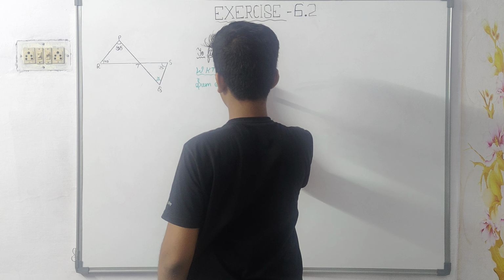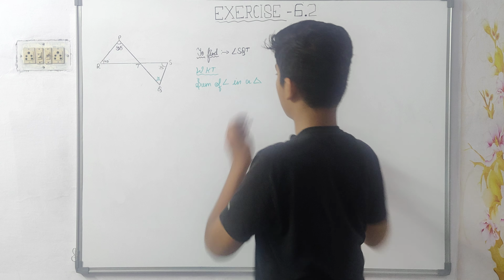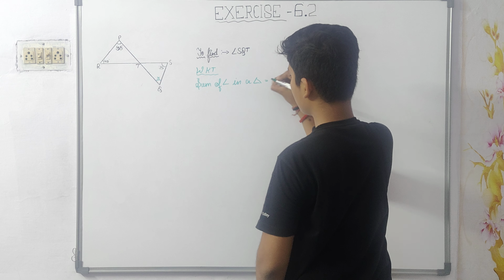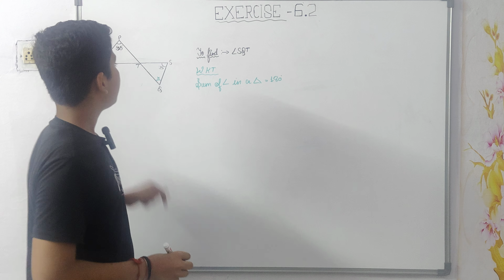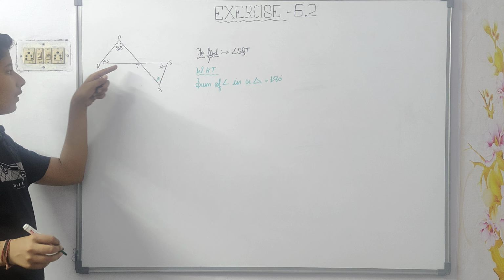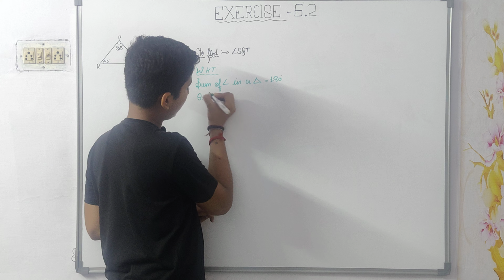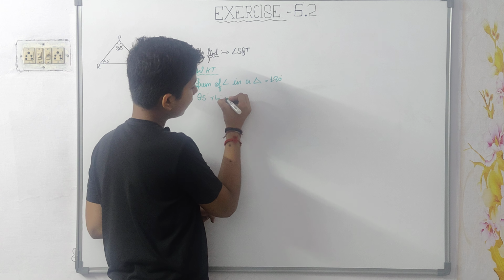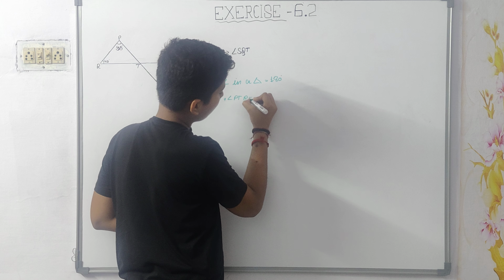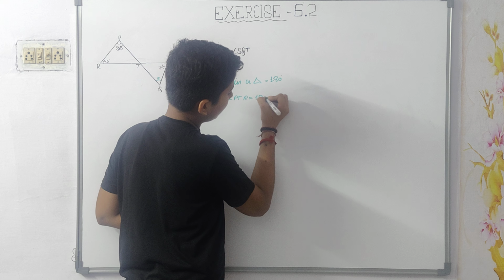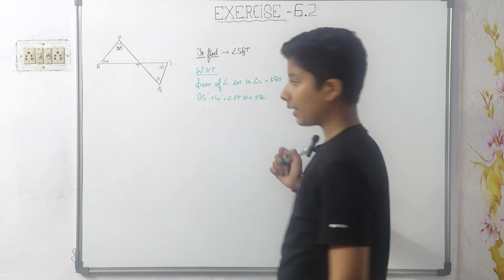Sum of angles means 95 degrees plus 40 degrees plus angle PTR equals 180 degrees.